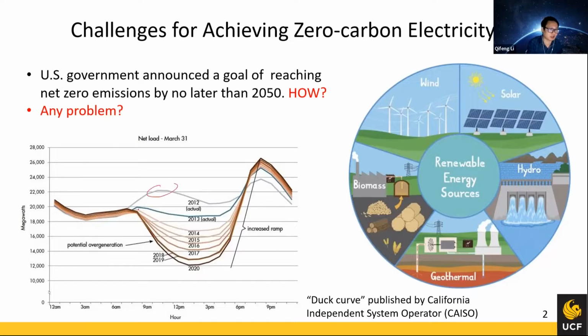We can see that there is a morning peak, when people wake up and cook breakfast and then go to the office for work. Then there is the afternoon, and after 5 p.m. people go home and cook dinner, turn on the AC, watch TV, things like that.